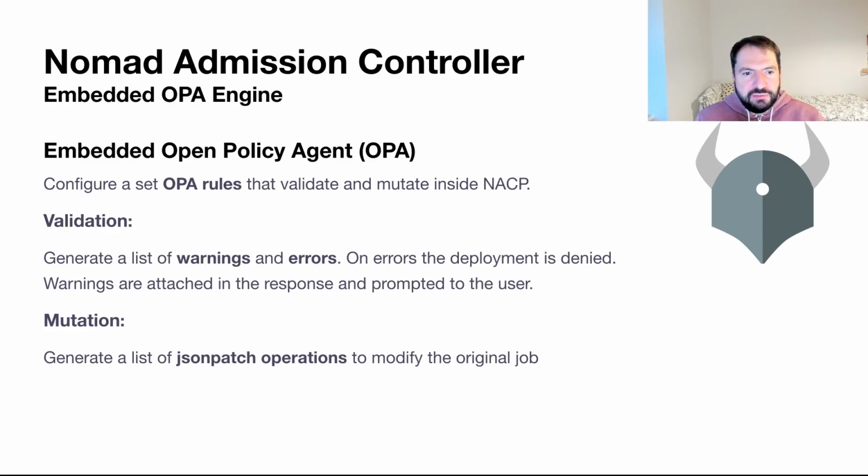And we can use that for validation purposes to either create warnings or errors, and also use it for mutation, where you can create JSON patches that then modify the job itself. For the purpose of this video, we will focus only on the validation for now.